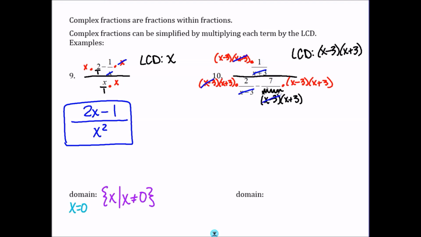And here, both the x minus 3 and the x plus 3's cancel. So in the numerator, we're just left with x minus 3 times 1, which is x minus 3, over, then you've got to remember to distribute here, 2 times x plus 3 is 2x plus 6, minus 7. So when we simplify fully, we end up with x minus 3 over 2x minus 1.